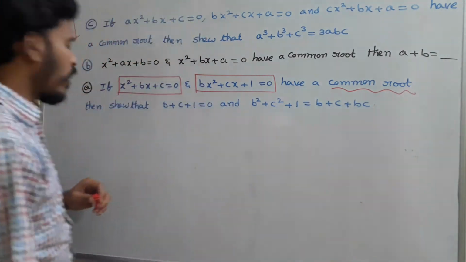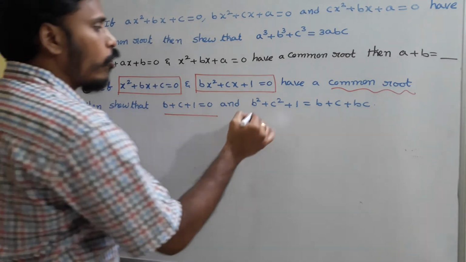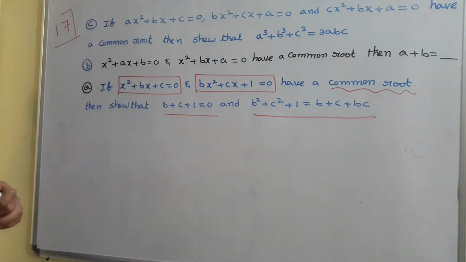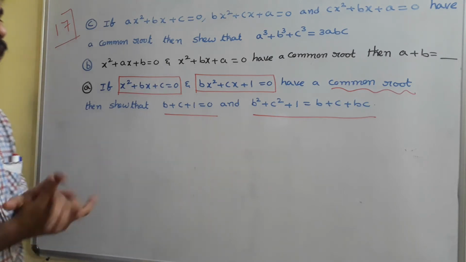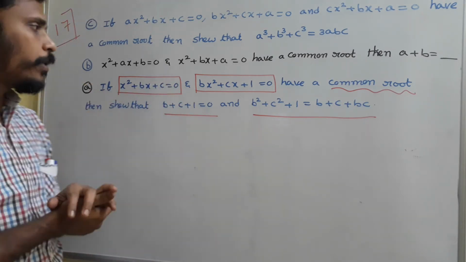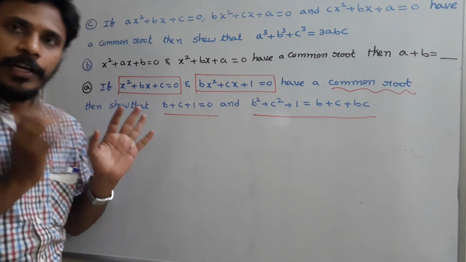Since these two equations have a common root, we need to show that b plus c plus 1 is equal to 0, b square plus c square plus 1 is equal to b plus c plus d. Like that we need to show. So how can we proceed? Since the problem is completely in terms of b and c, it is better to go with the common roots condition only.